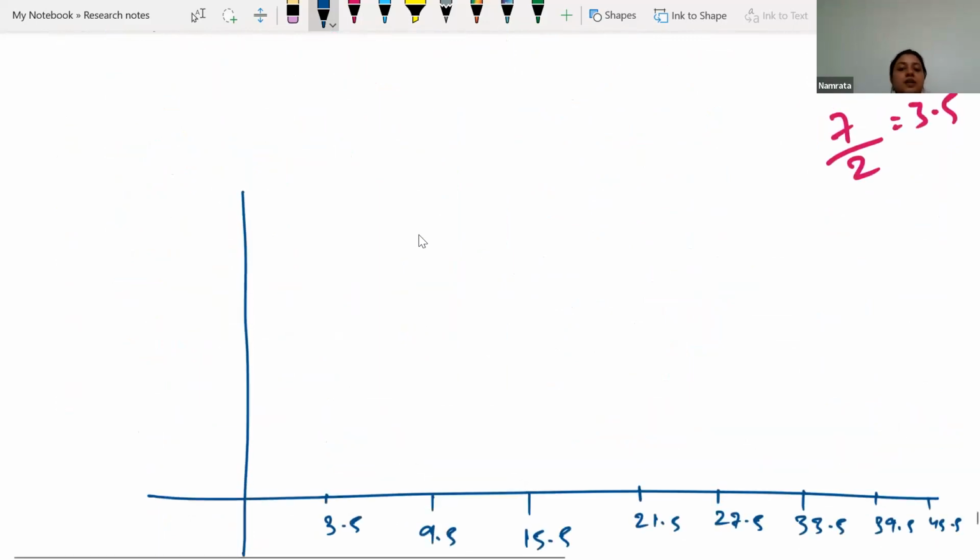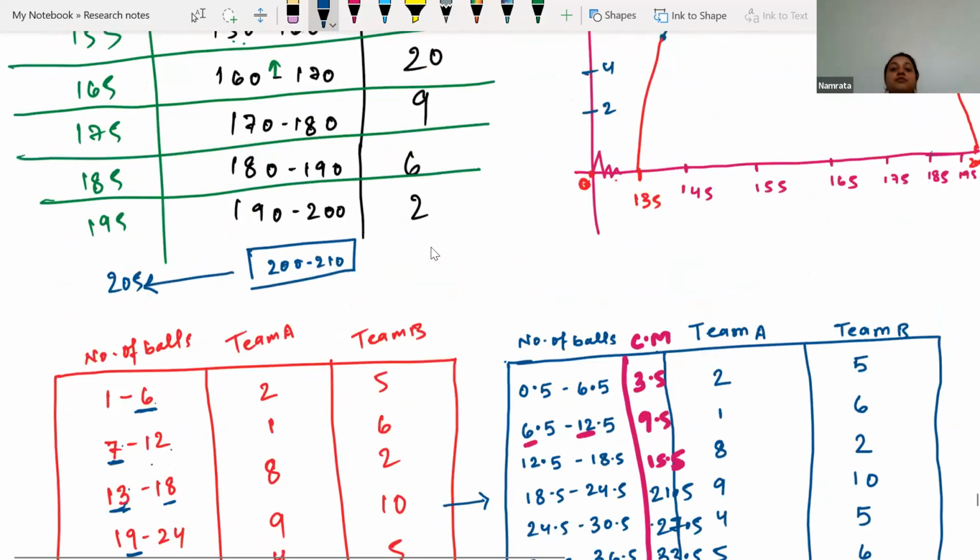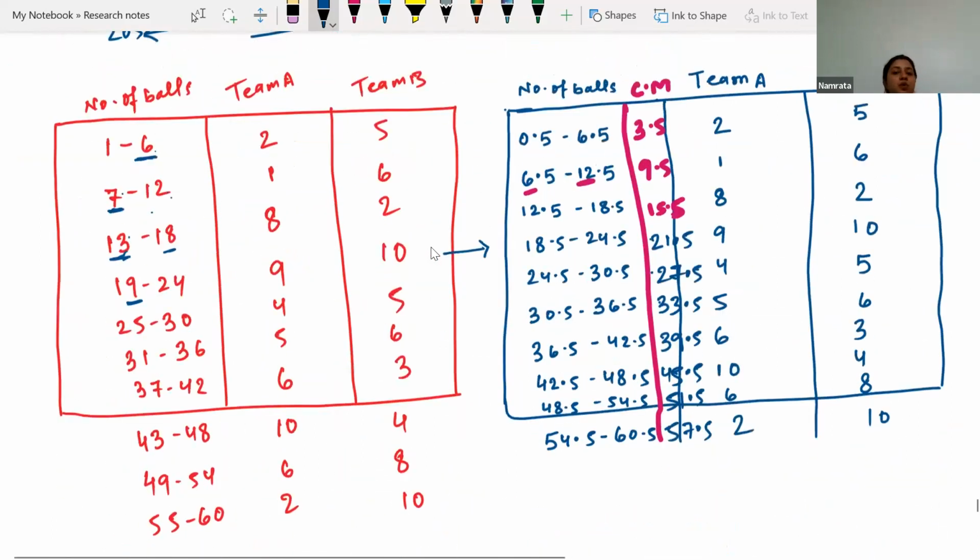Like this it will keep on going. But since we are going to draw the frequency polygon, we have to take one previous interval and one last interval also. That interval's midpoint we have to take, right? What will be the previous interval and what will be the last interval?